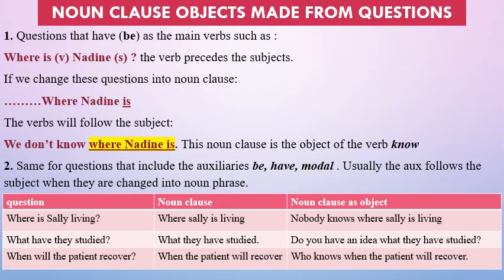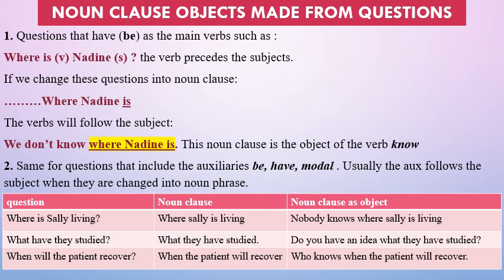Now in this part, we are talking about how to change a question into a noun clause. We have 4 types, and each one of them is treated differently. First of all, we have questions that have be as the main verb. For example, where is Nadine? How is Ali?